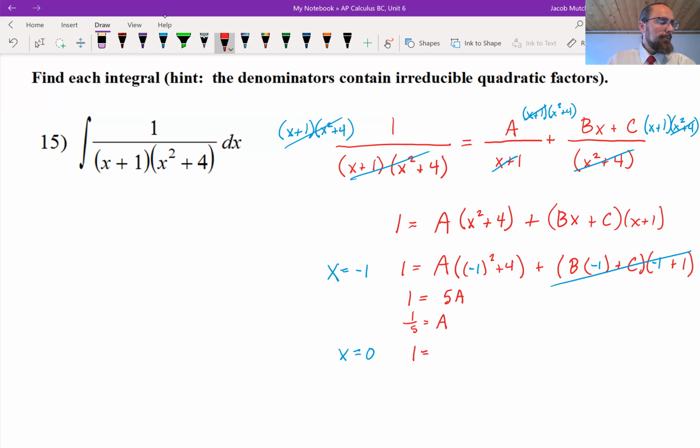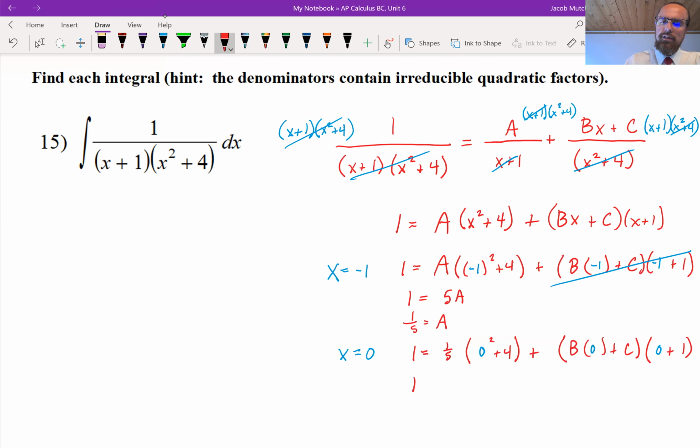At this point, I can plug in my value for A. So I'm going to put a fifth there, and then I'll set up 0 squared plus 4 plus B times 0 plus C times 0 plus 1. So we'll fit in our zeros there. 0, 0, 0. And let's simplify and solve here.